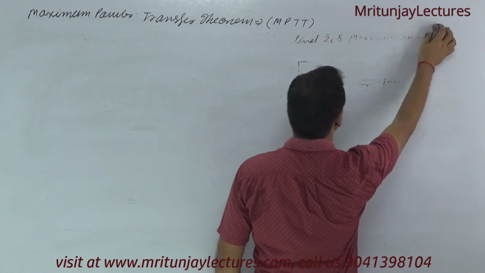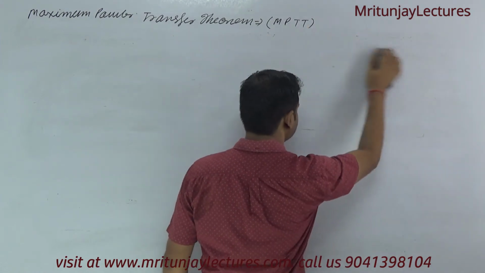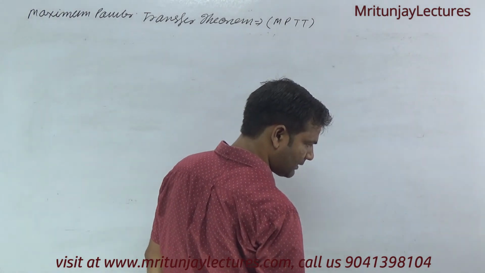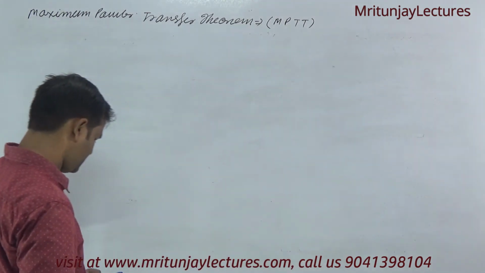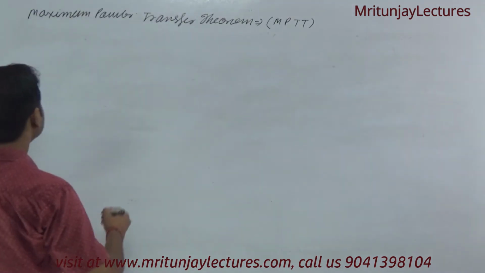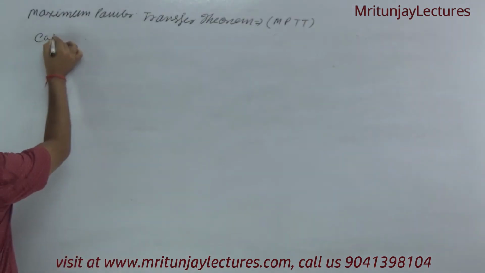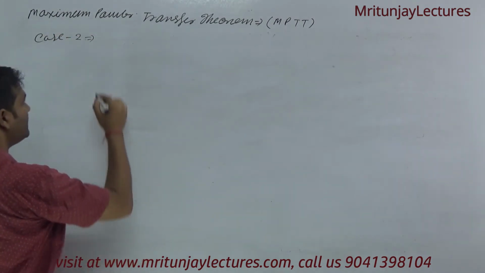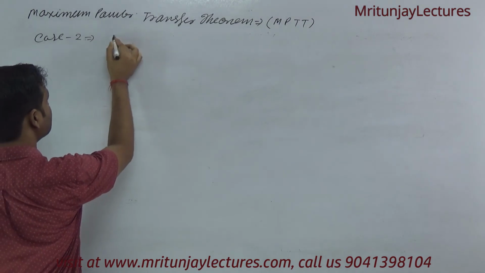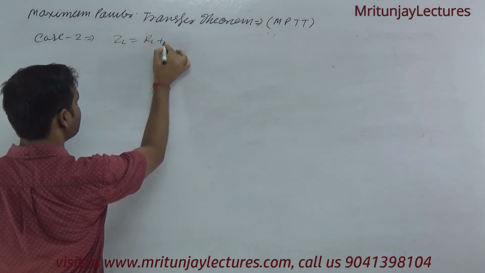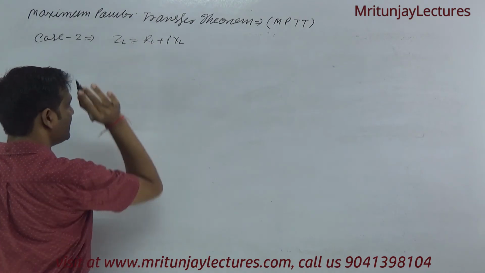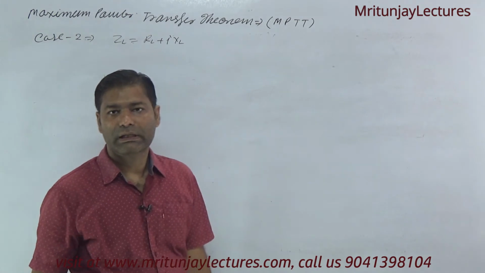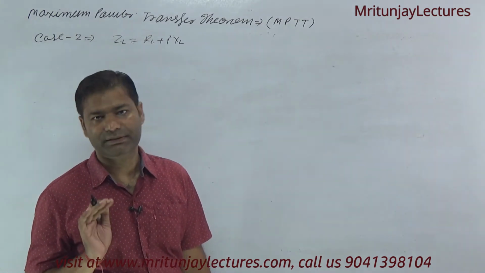Okay. Now, case second. Suppose that case second, in case of this method, load ZL is equal to RL plus JXL, or simply RL, but XL is constant and RL is changing.